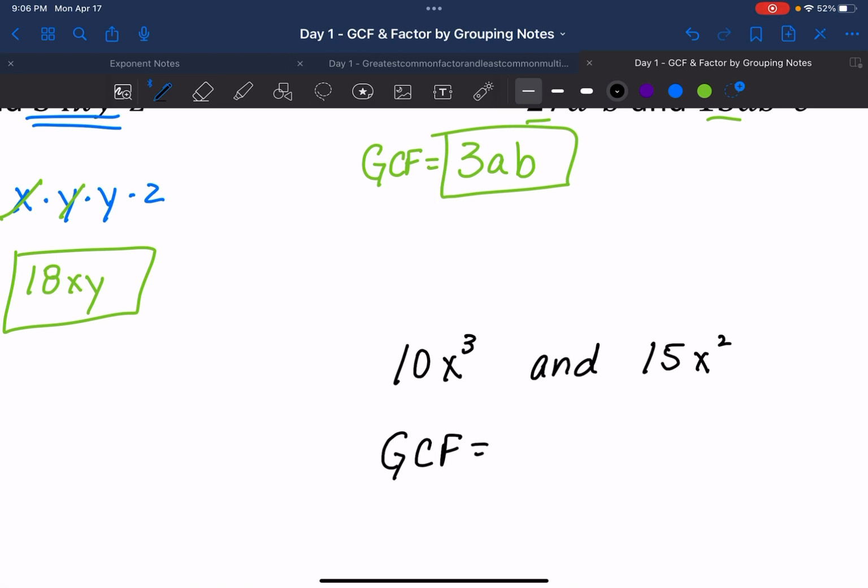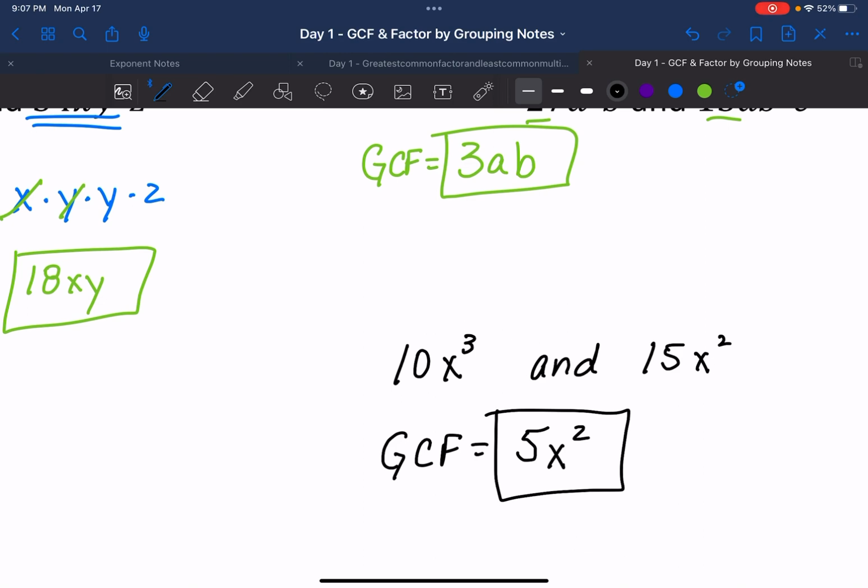The number that's the greatest common factor for 10 and 15 would be 5, right? And when I'm comparing my letters right here, I can take 3 of them from here, right? But can I take 3 from here? No, I can only take 2. So you have to go with the smallest number when it comes to your variables. So these two both share 5x squared as my GCF.